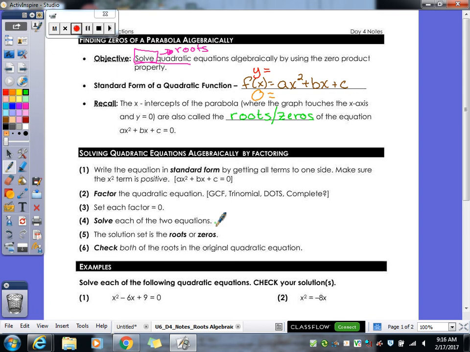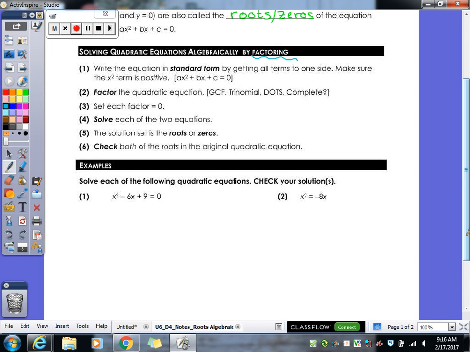The method we're using today to solve these is factoring. Your steps to solve by factoring: 1, make sure it's in standard form. Once it's in standard form, you're going to factor using one of our 3 methods, always making sure you factor completely, as far as you can possibly go.